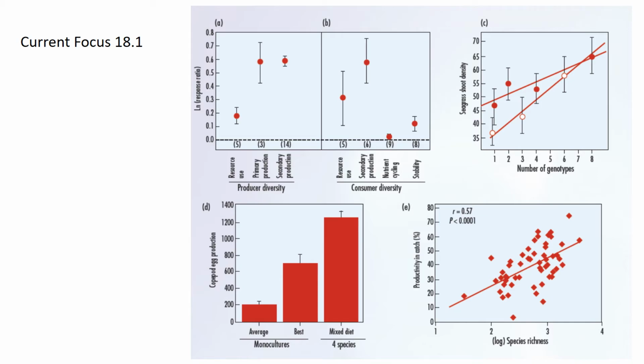So if there is no difference between a high diversity treatment and a low diversity treatment, then we would expect the overall outcomes or our data that we see in these two graphs to sit on the zero line, that dotted line that you see at the bottom. But what we can see in all cases is that the response is always positive.